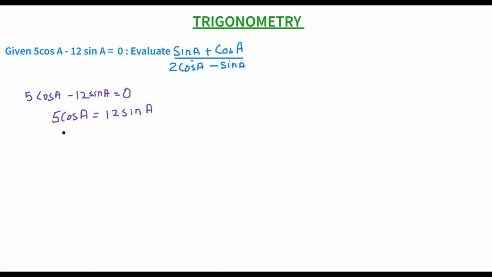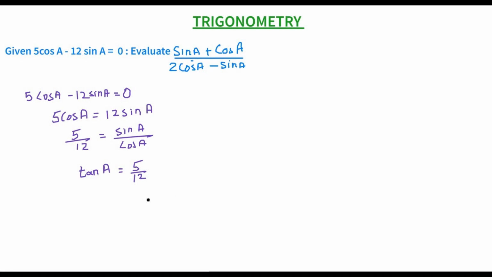I'm going to bring the 12 to the other side and cos to the other side. So here I will get 5 over 12 equals sin A by cos A. Now, as you all know, sin A by cos A can be written as tan A, right? So the value of tan A is 5 by 12.